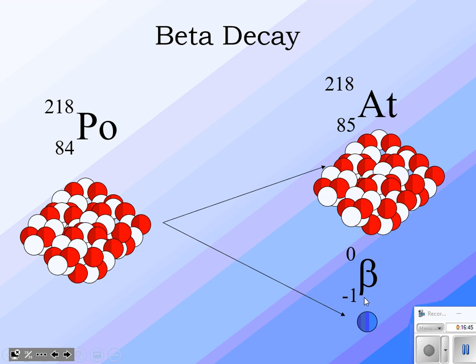So don't be confused if you see the beta, and don't be confused if you see the e. Different textbooks, different websites will have different labels for that. If I remember right, and I would have to look this up, I think WebAssign uses an e, not the beta, as in the electron.